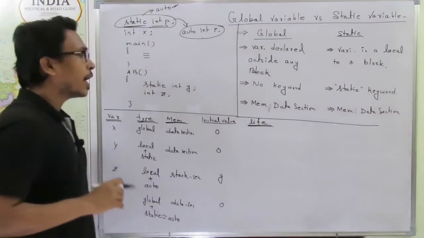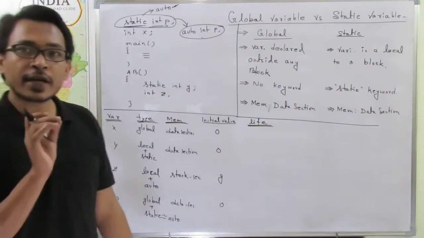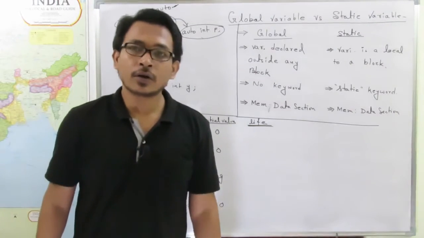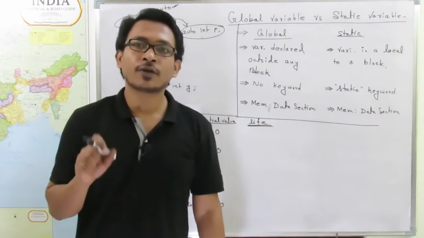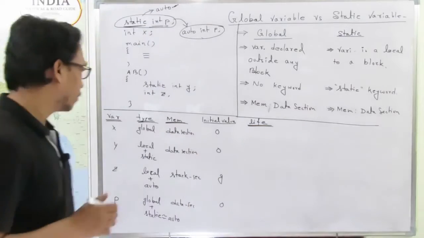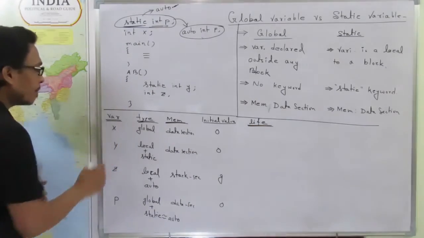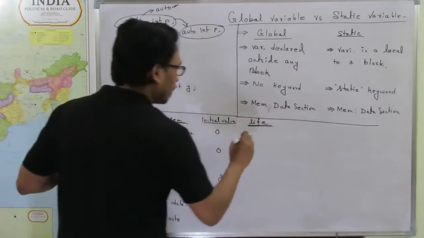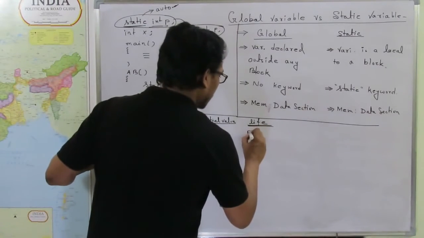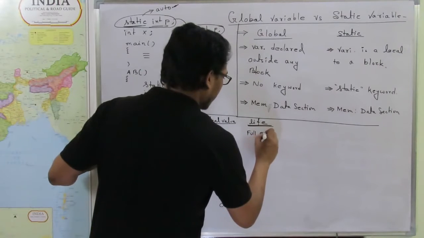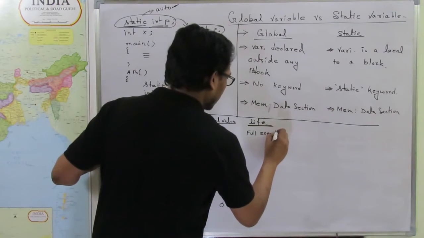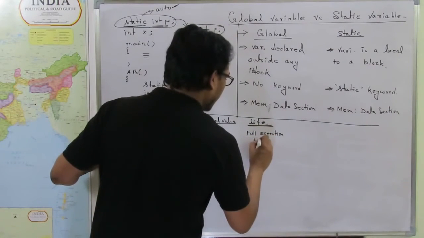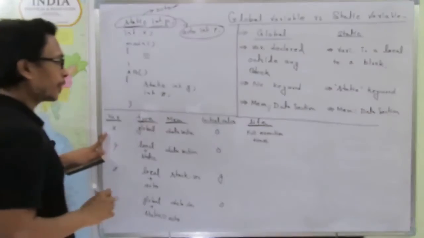That means after memory is allocated, how long the memory will exist for that variable. Look, x is a global variable, so its life will be the full execution time of the program.